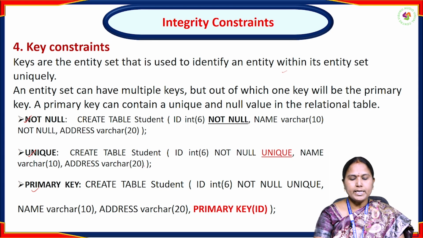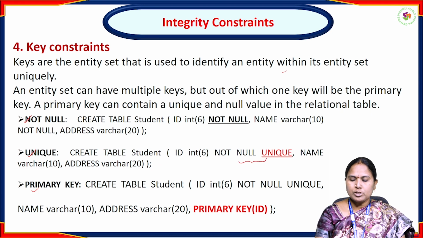Unique: create table student, ID integer 6. I am assigning not null plus unique. So it doesn't have a null value, and at the same time you should maintain unique values. Name varchar, address varchar. Okay. In this way, we are assigning constraints for any table. That is called the unique constraint and not null. Along with these two, we can create a table.